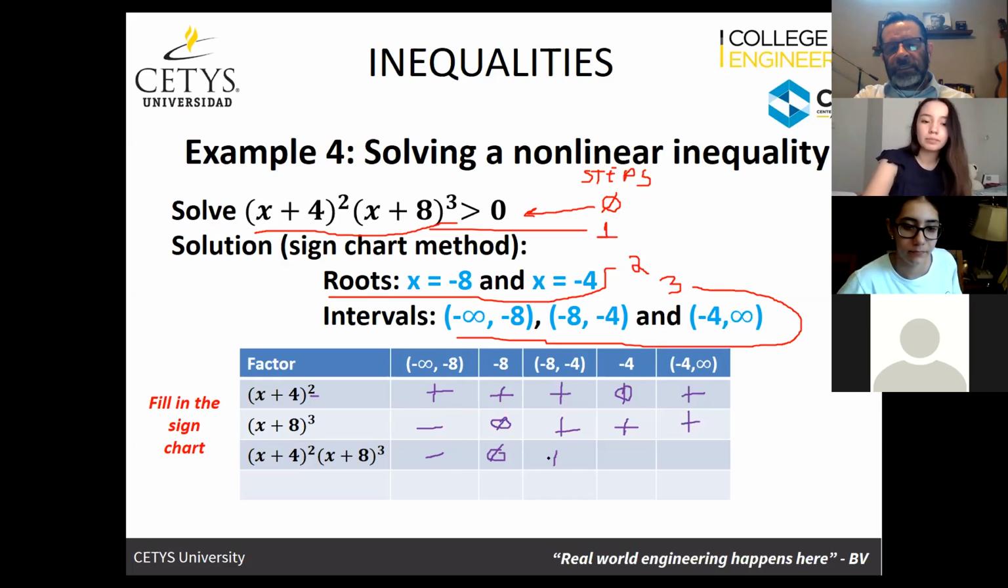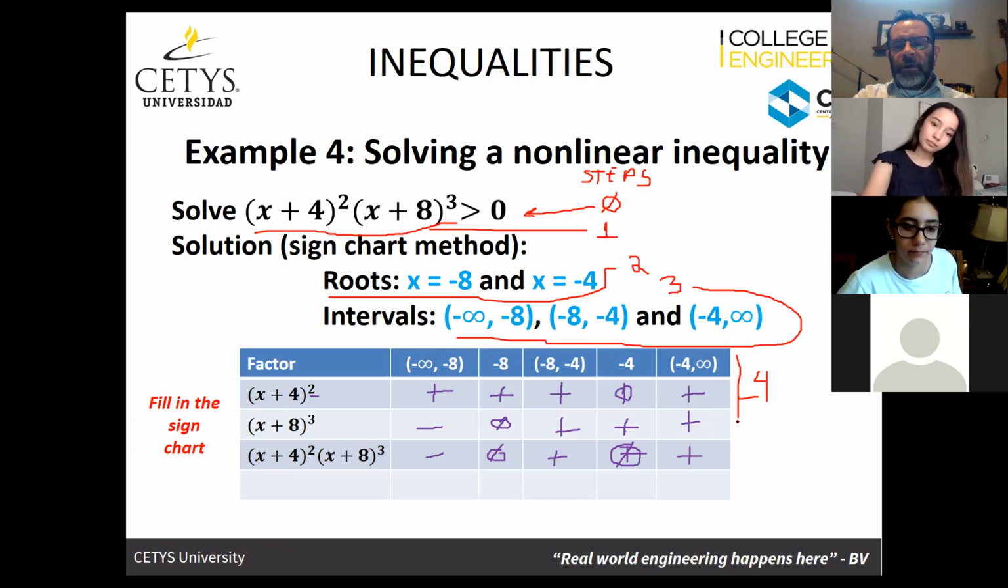Positive. 0 times plus? 0. Correct. Plus times plus? Positive. Correct. Perfect. Thank you, Enya. But before you go, because you're on screen, this would be step 4.